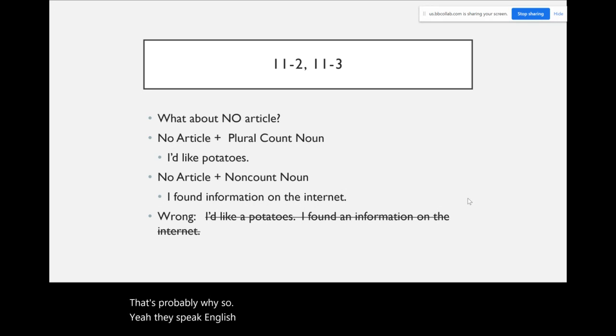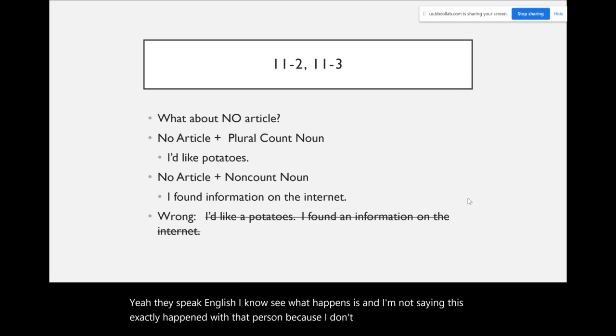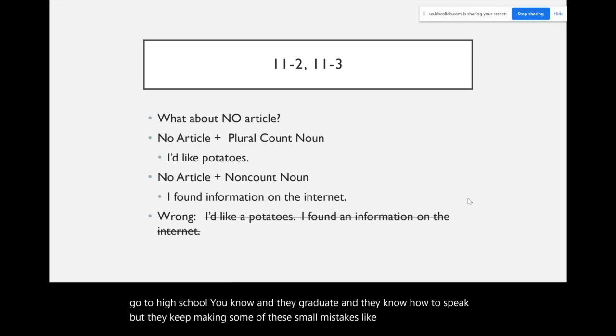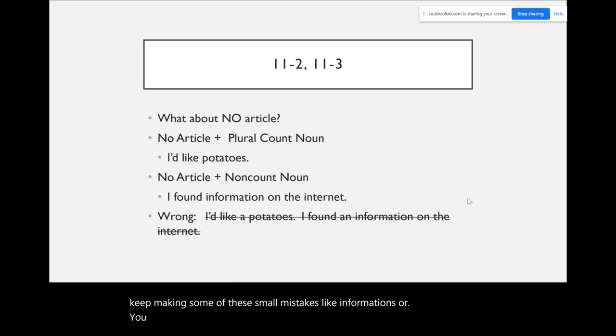See, what happens is, and I'm not saying this exactly happened with that person because I don't know their story, but sometimes people come to this country when they're a teenager and they go to high school, and they graduate and they know how to speak, but they keep making some of these small mistakes, like informations or furnitures.